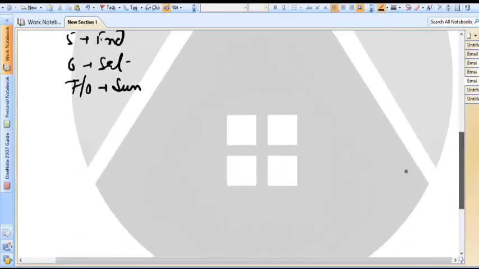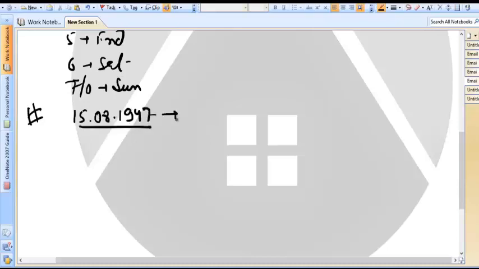Alright, let us do one more question to understand. I have already given this example. 15th August, August is 8, 1947, suppose, was what day? So again we can do it like this. We'll find the number of odd days starting from 1600. Why are we doing this from 1600? Because to come to 1947, the first 1600 years will have 0 odd days.